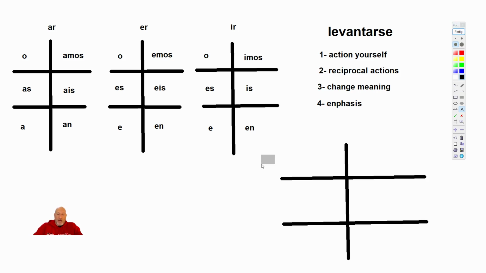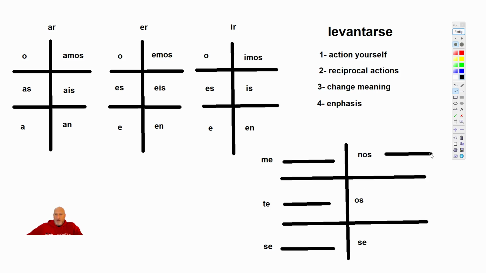And those pronouns are me, te, se, nos, os, se. And now the conjugated verb will come.